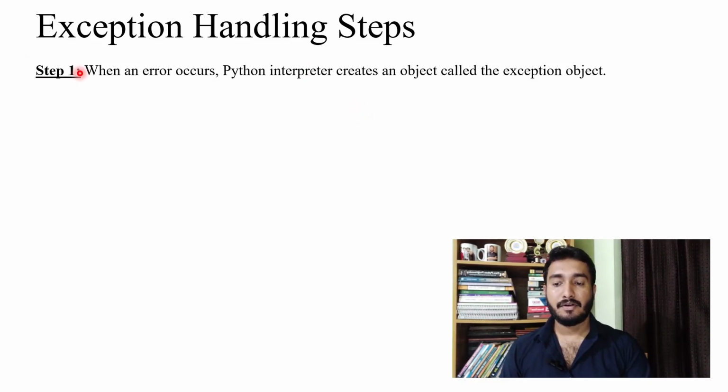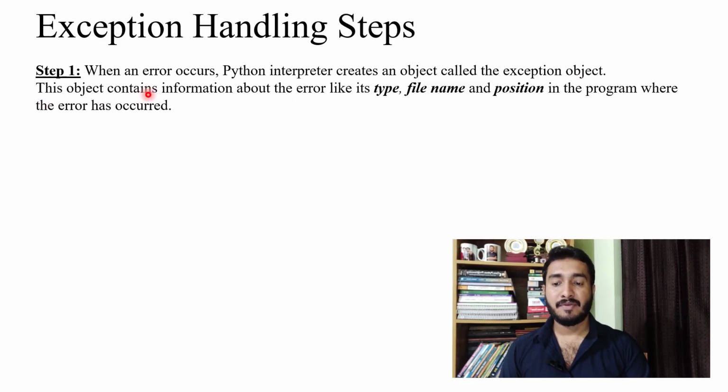Step 1. When an error occurs, the Python interpreter creates an object called the exception object. This object contains the information about the error, like its type, file name, and position in the program where the error has occurred.